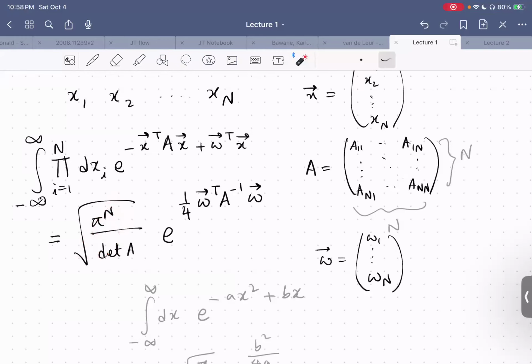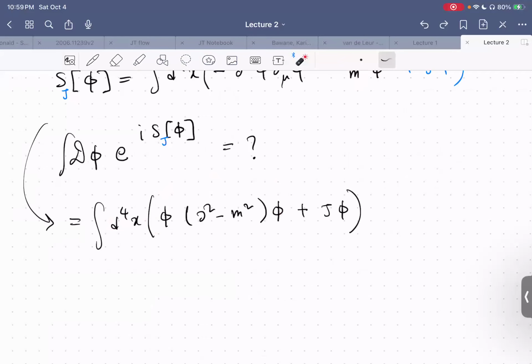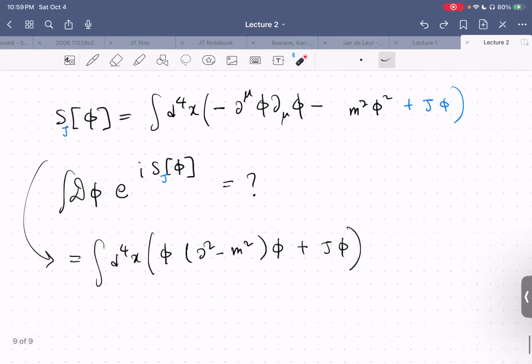And as we have been saying over and over, the continuum path integration is nothing but a continuum limit of these kinds of things, where you have multiple variables, but you take the large N limit. So this result also remains the same, basically. So how do we identify different things? We have something quadratic in our integration variable. The integration variable is phi.